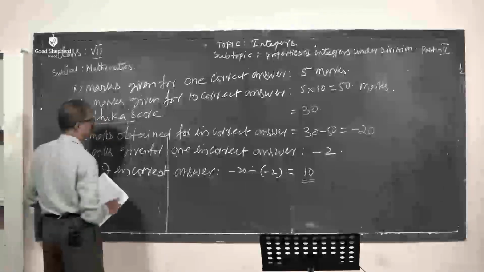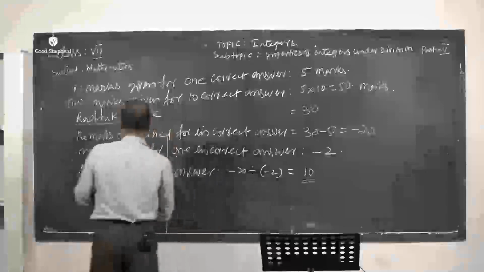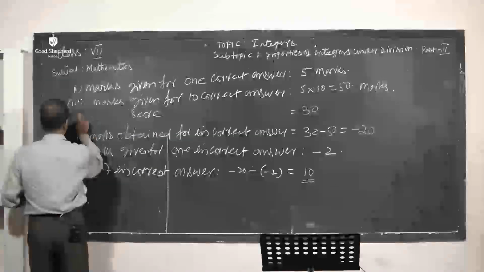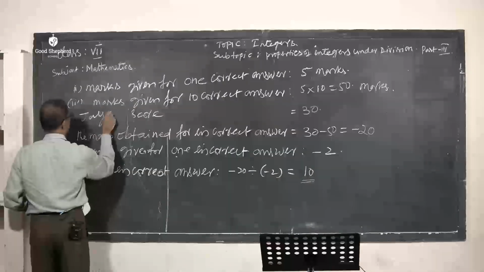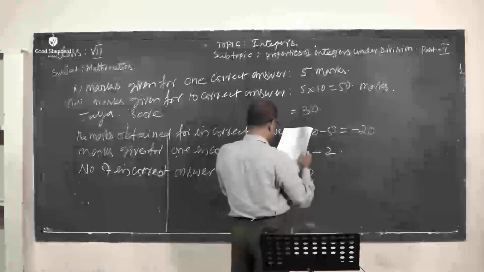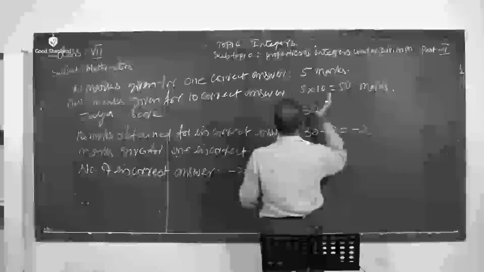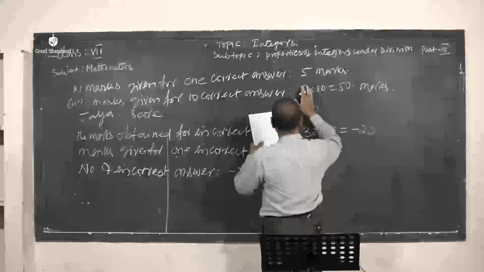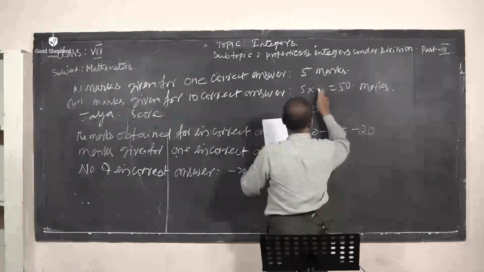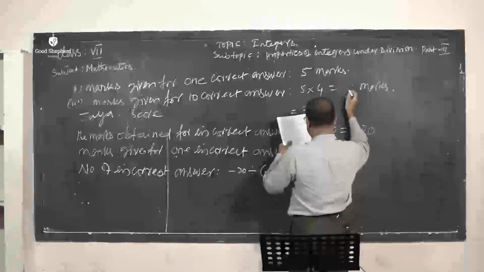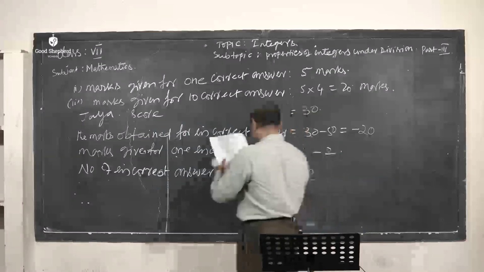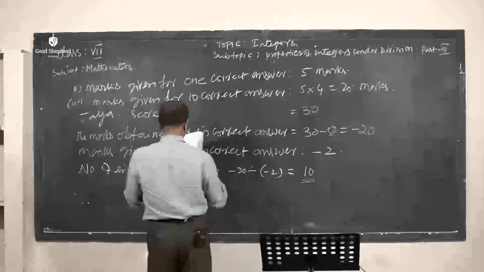Now we want to go for Jaya. We'll write it in place of Radhika. So if 1 is correct, how many? Jaya got only 4 questions correct. 5 into 4, and she got only 20.